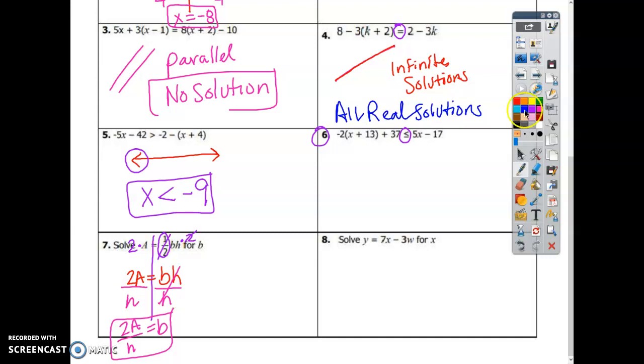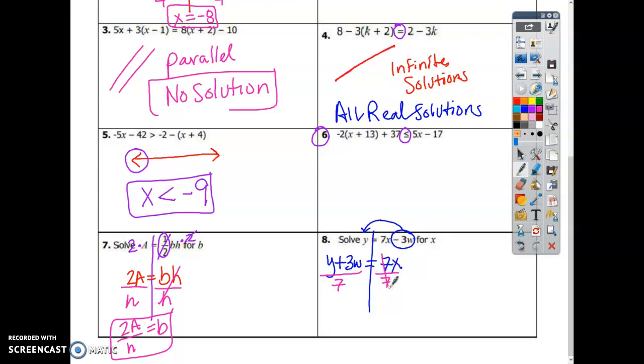On number 8, it's a little bit different because now you're solving for x and there's a -3w that you have to get rid of. So first move the -3w to the other side. Change the sign, from minus to plus. So now I have y plus 3w equals 7x. How do I solve for x? Divide both sides by 7.